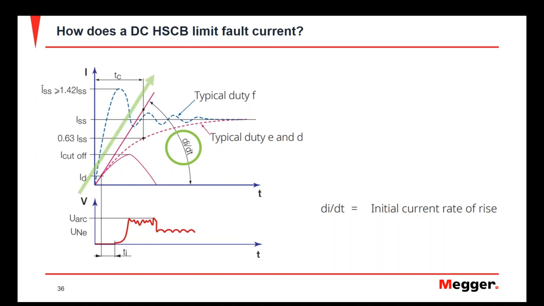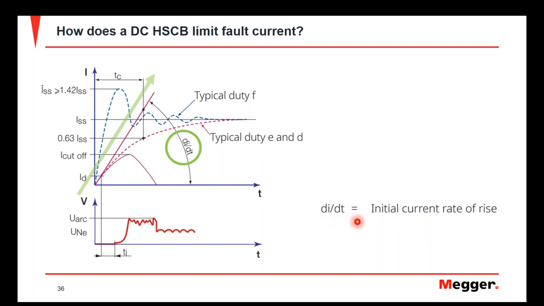During an electrical fault or a short circuit condition, the current magnitude is going to increase very quickly. And we can see on our graph here that this is represented by a rise in the initial current and the rate of rise, which is represented by di/dt, or amps per second, whenever this occurs.